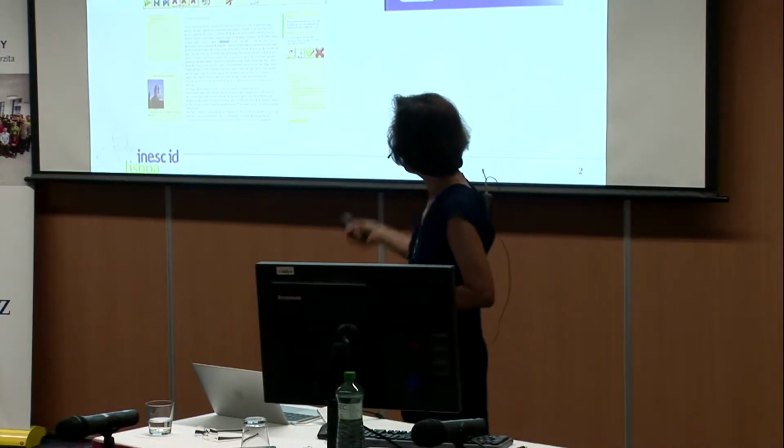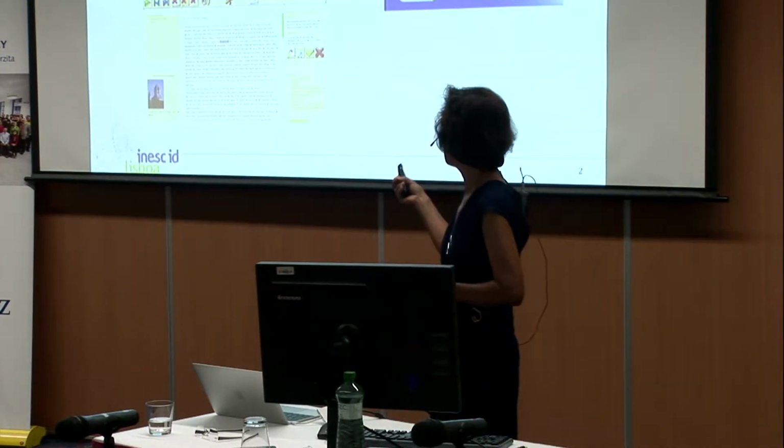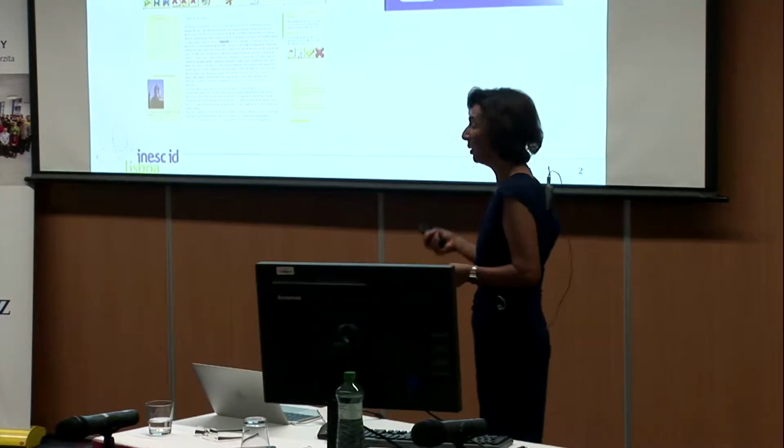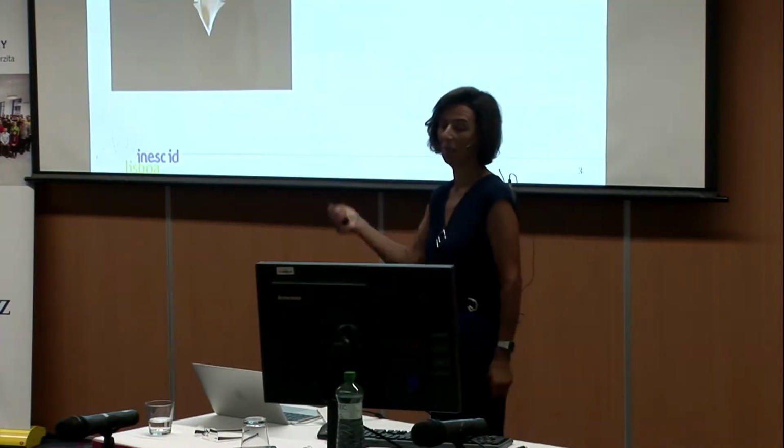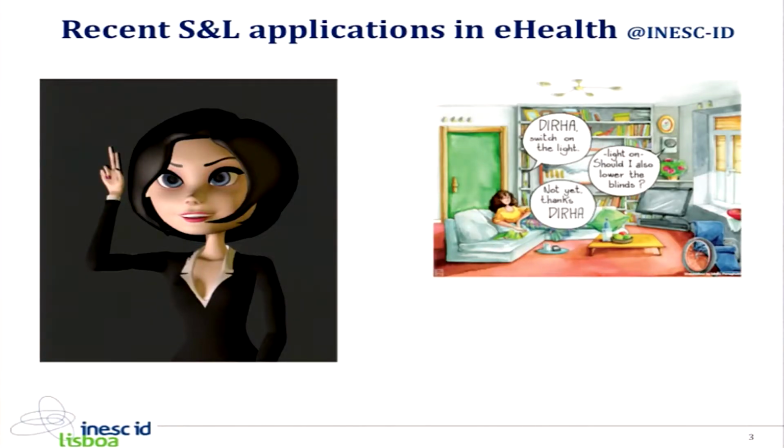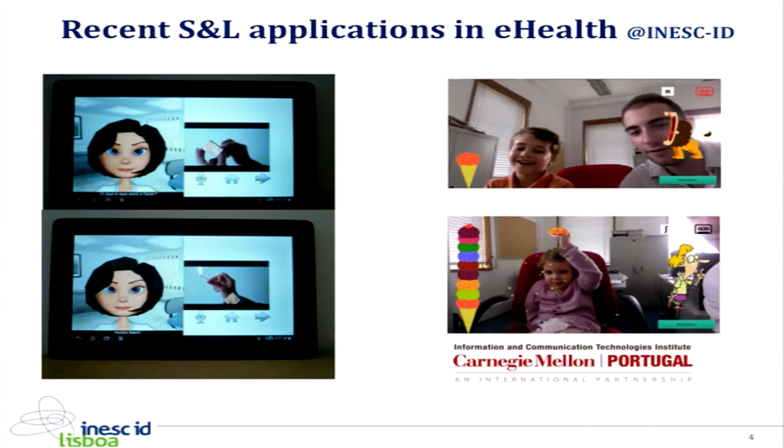Then we did some other applications like multimedia books for children with dyslexia. More recently, we tried to do sign language to text language translation and vice versa. We did, of course, distance speech recognition for mobility impaired users, to recognize things in a domotic environment.